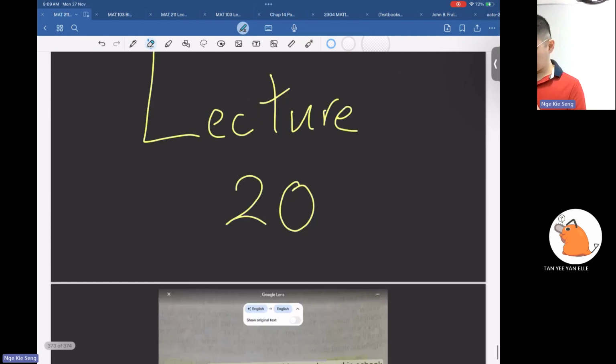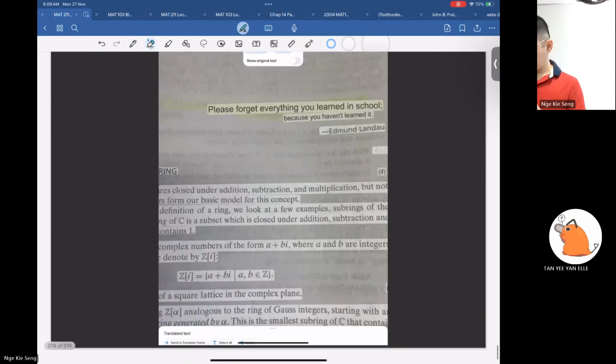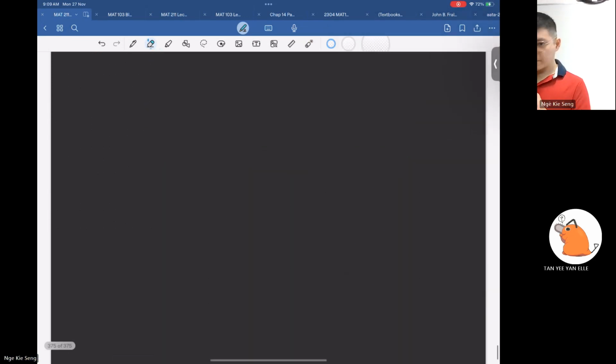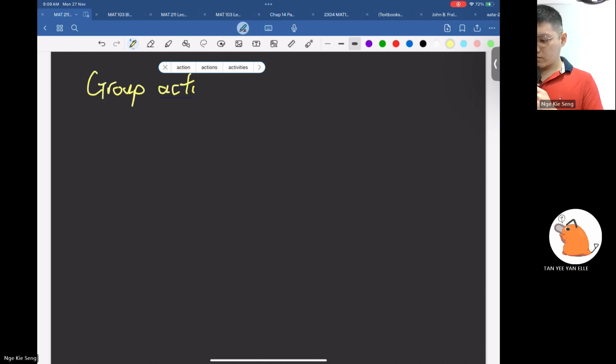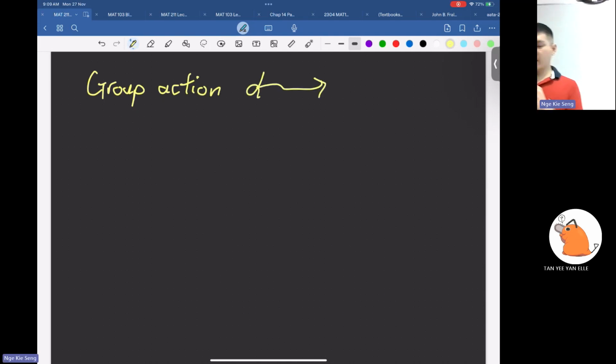Okay, let's recap what we have from last time, and let's pick up from where we stopped last time. Last time we talked about how, if I have a group action, there is a correspondence between a group action and a permutation representation.